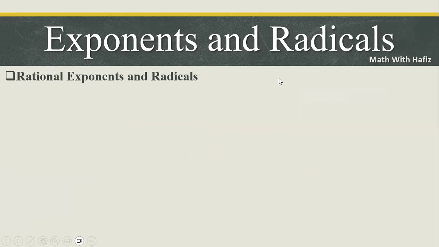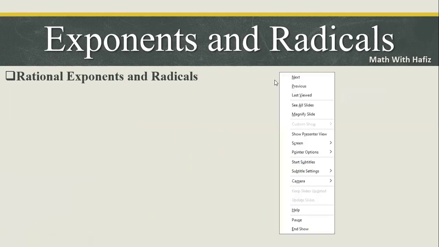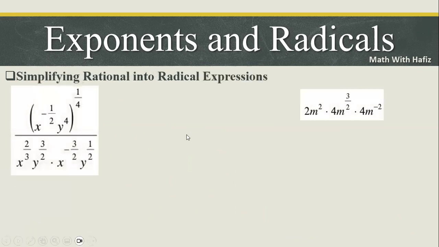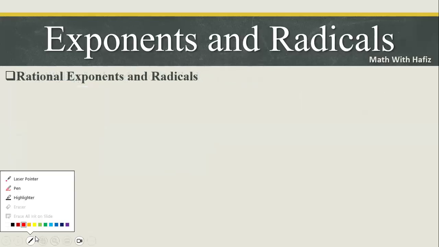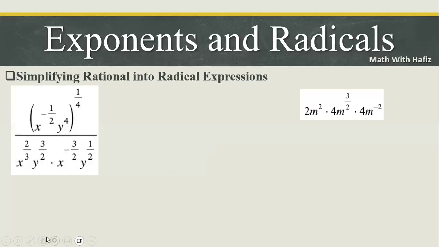So I did not write any question here. I am going to do the question. Okay, sorry, my mistake. Last question, this was converting into radical expression. So whatever the answer we had, I do not remember. So for example, if the answer was x to power of 3 by 4 and y to power of 1 over 2, I don't remember actually.